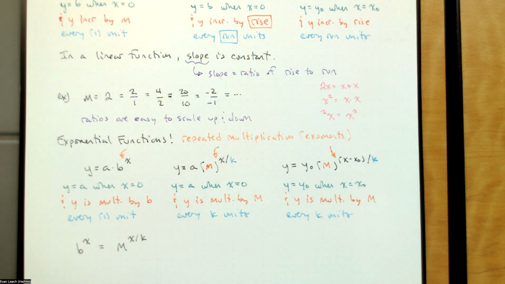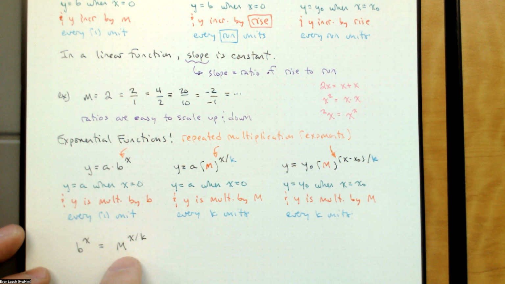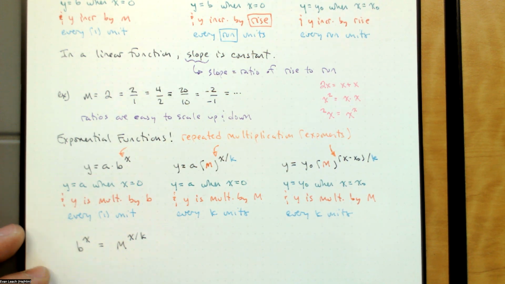This is just tracking the change in what we're multiplying by. If I pull the x from and just look at the base, I have m to the 1 over k.